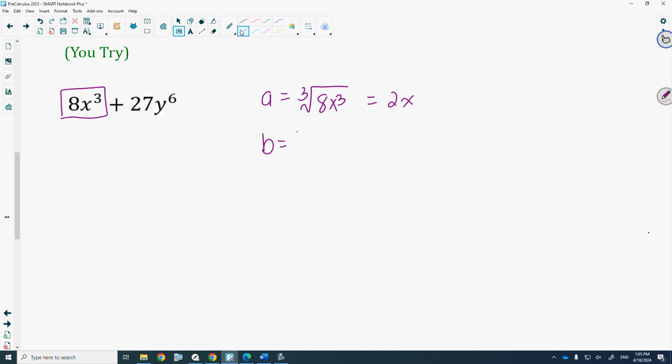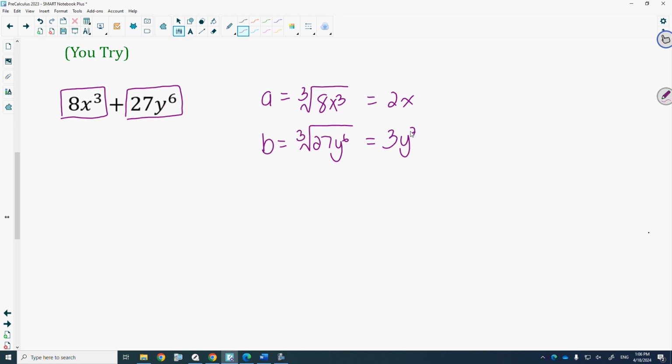B is going to be the cube root of this term. Cube root of 27 is 3. And the cube root of y to the 6 is y squared, right? So remember, visualize 6 y's underneath your radical, and then you circle groups of 3, and you'd have 2 groups of 3.